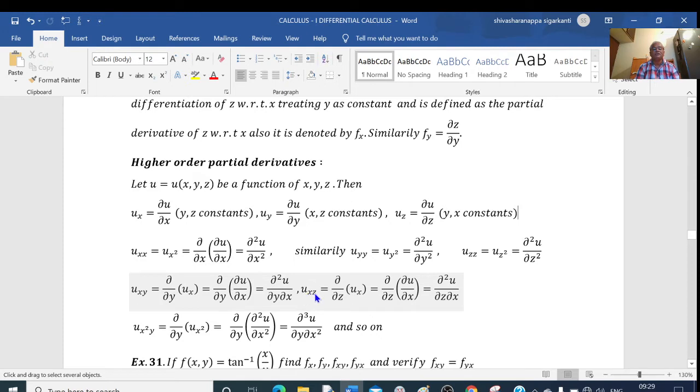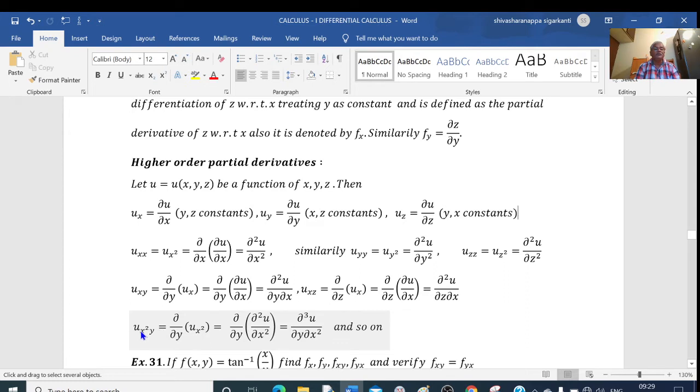Similarly, uxz is equal to dou by dou z of ux, differentiate ux with respect to z partially. This is equal to dou by dou z of dou u by dou x, which is equal to dou square u by dou z dou x. Okay, and third order derivatives.